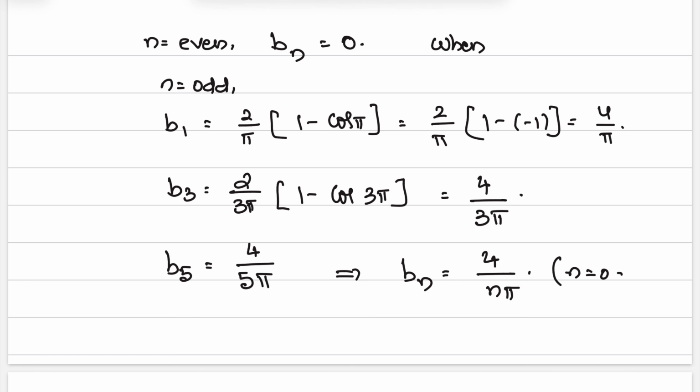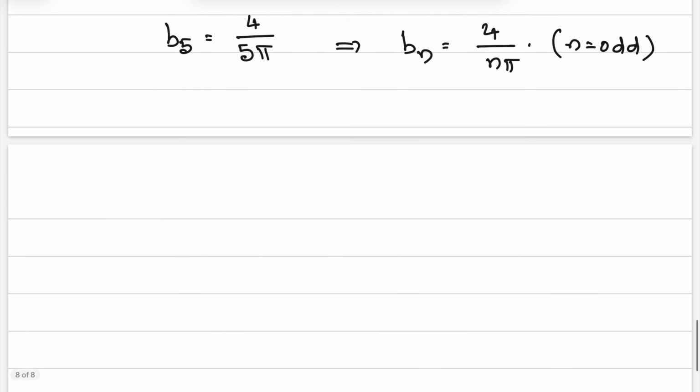N is equal to odd. That means A0 is equal to 0, An is equal to 0, Bn is equal to 0 when n is equal to even.